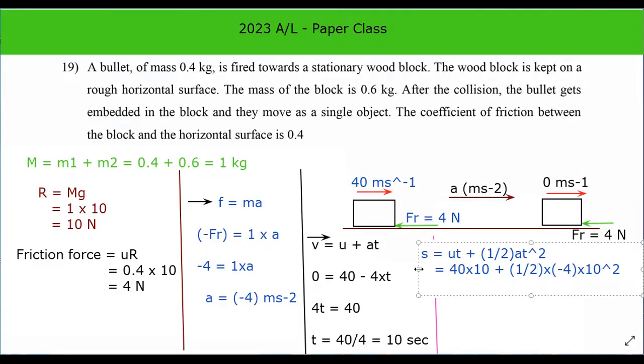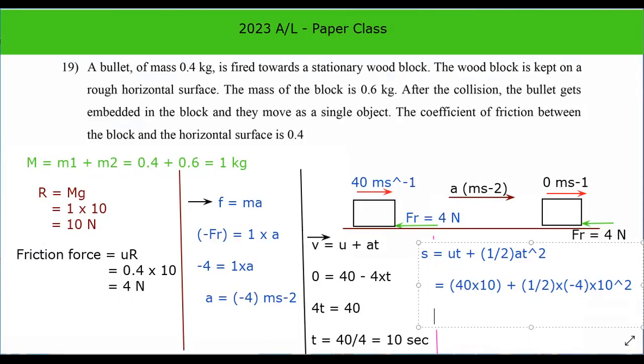Right, so this is the equation that we must use. Here, let me use some brackets, then things will be much clearer. What is 40 times 10? 400.